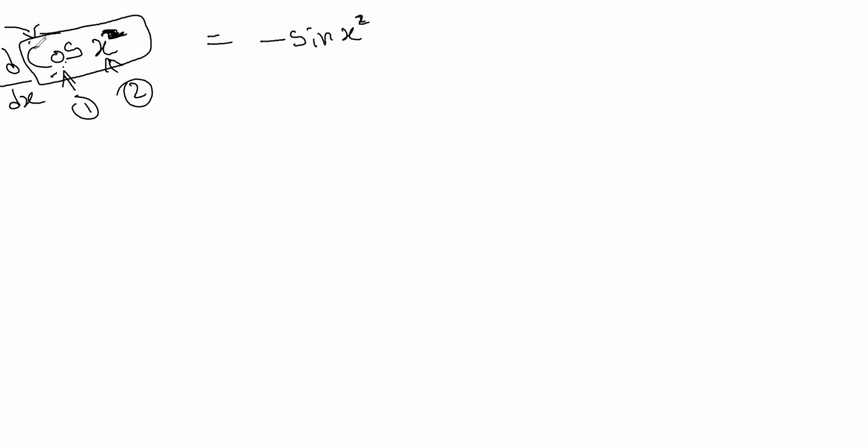Now this cos is completed. Inside function is x square. Now we will do differentiation of x square, into 2x. Are there any other functions? No, that's it. This is the answer: minus 2x sin x square.